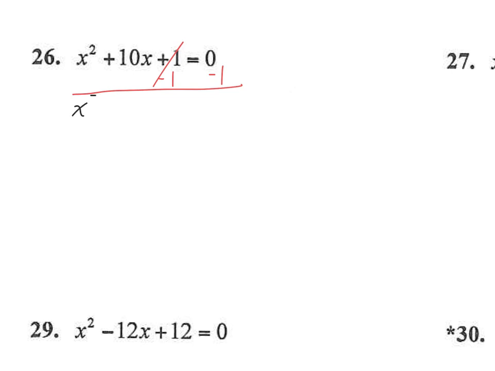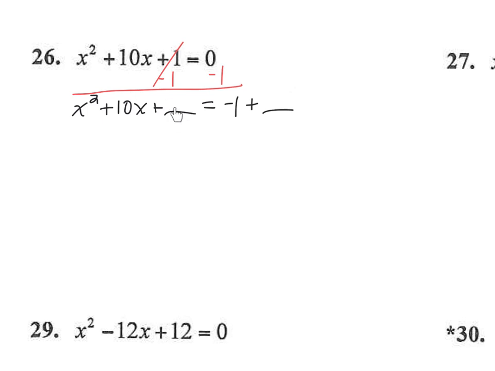I'm going to add in some blanks. So I've got x squared plus 10x plus blank equals negative 1 plus blank. The reason for the blanks is we're going to create our own constant to make this into a perfect square trinomial so that it will factor as a squared binomial, and whatever I add to this side, I must add to this side to maintain my equality.